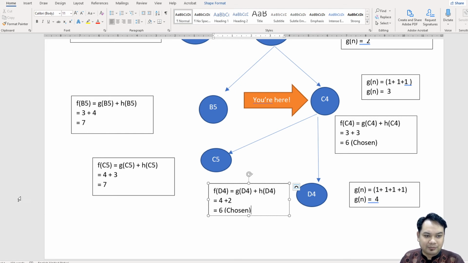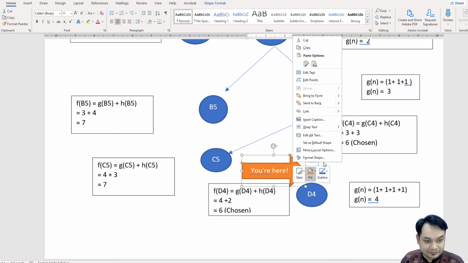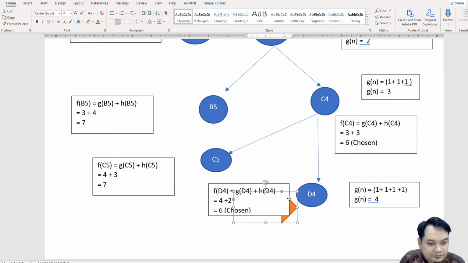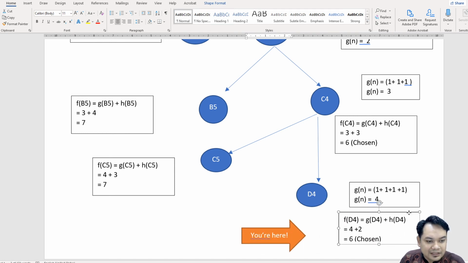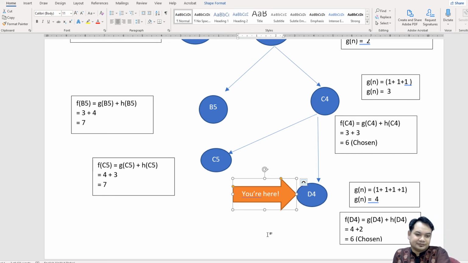So when you choose this path, the end would move over here. Oh, yang ni kena ubah. Okay, the end would move over here. So you are here. The end would move another step closer.